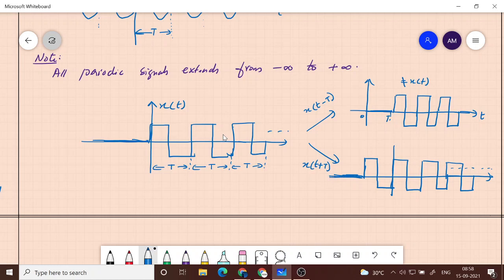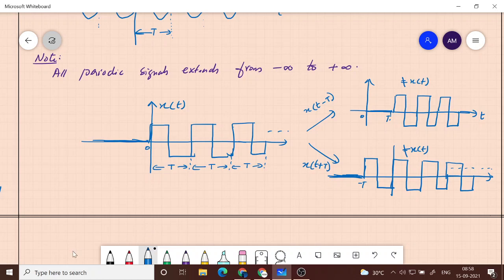The original function is 0 up to 0, but here it is 0 only up to minus T. So therefore this is also not equal to x of t. So you cannot have a periodic signal if the duration where it is non-zero does not extend from minus infinity to plus infinity. So this is a must condition, that all periodic signals extend from minus infinity to plus infinity.